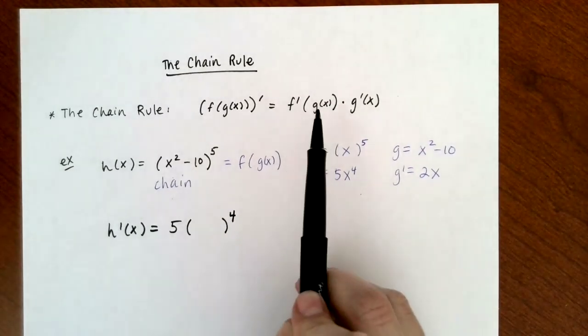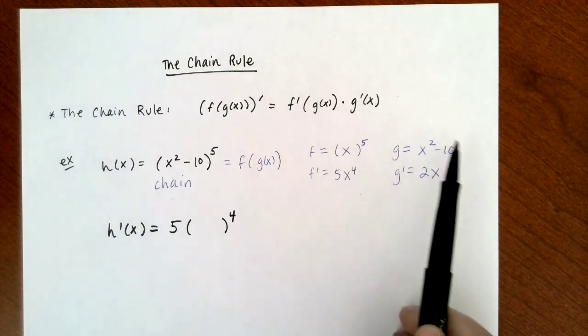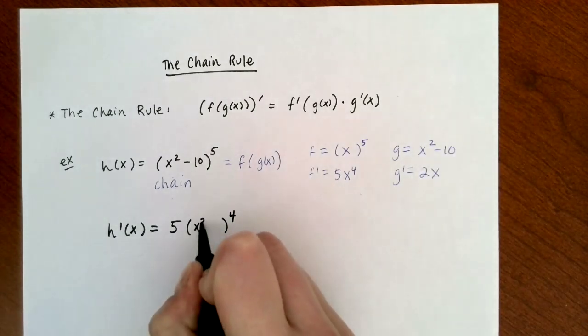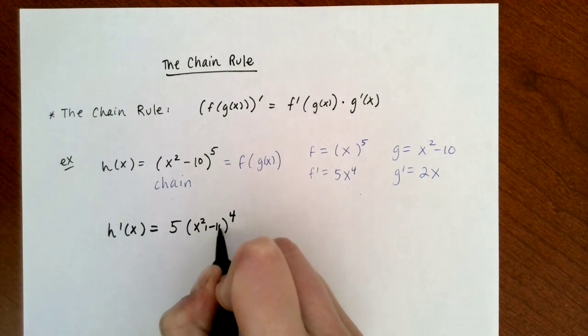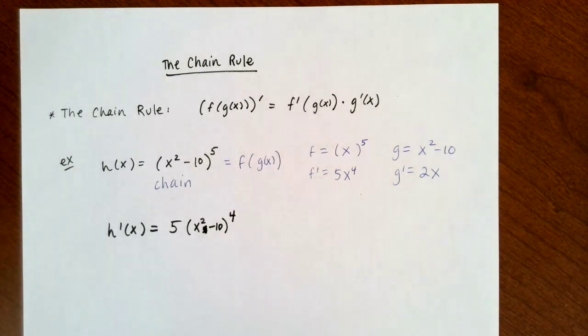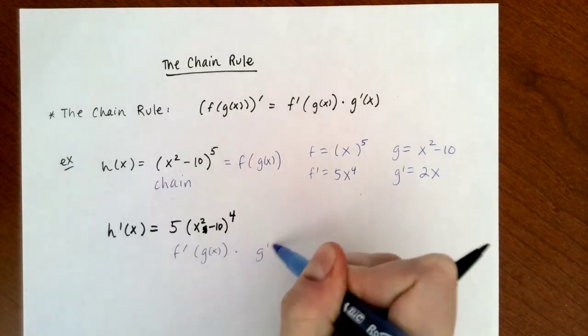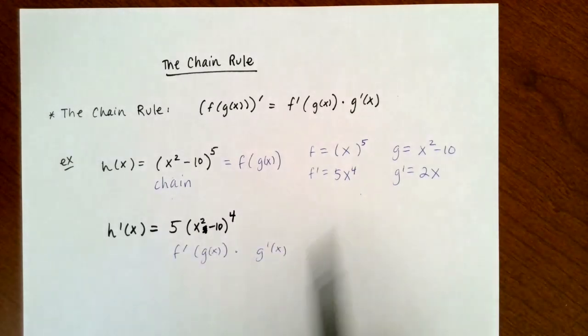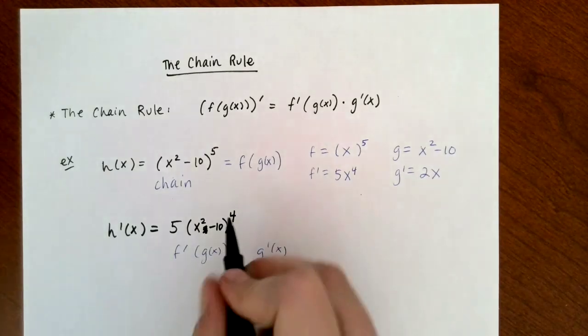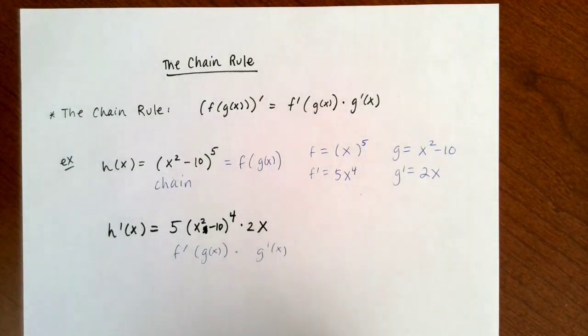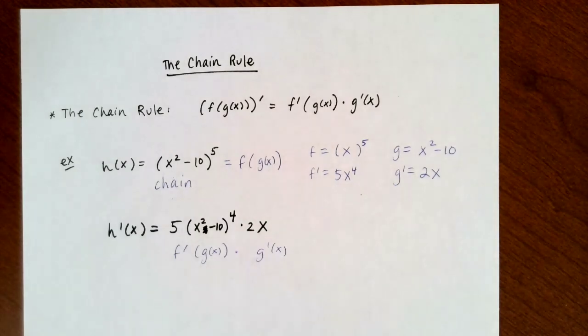And then for f prime of g, I'm going to put this x squared minus 10 into the input spot. So this is f prime of g. And then I'll have times g prime of x. G prime is this 2x over here. So either with or without parentheses, I'll have a times 2x at the end there.